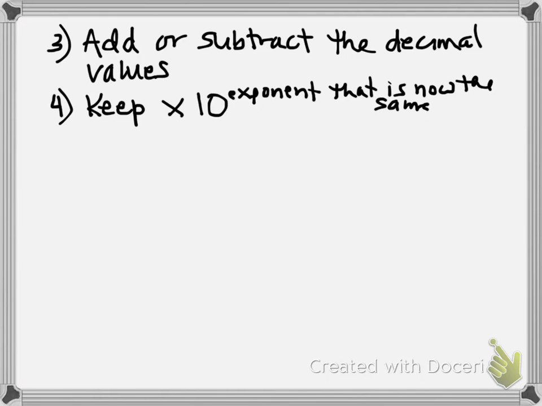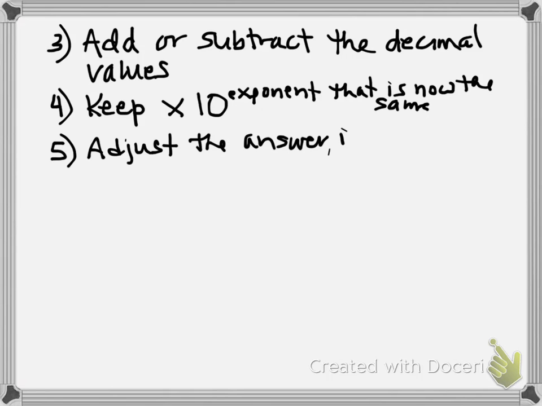We don't deal with the exponents at all. The last thing we may have to do is adjust the answer if necessary. And remember, that just means if the number is not between 1 and 10, we're going to have to move the decimal point to make it between 1 and 10 and adjust the exponent as necessary.